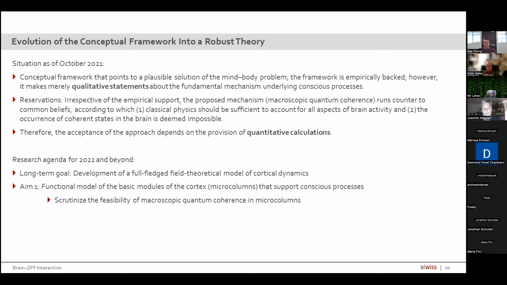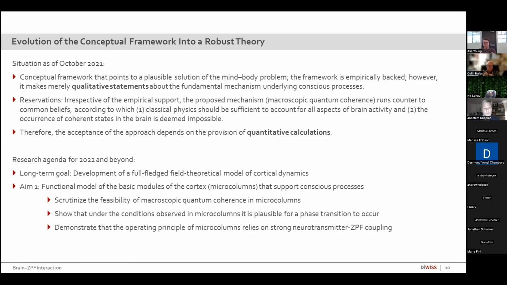And in detail, this now means the goal is to scrutinize the feasibility of macroscopic quantum coherence in microcolumns, to show that under the conditions observed in the brain, the conditions observed in the microcolumns, it is really plausible for a phase transition to occur, to demonstrate that the operating principle of these elementary building blocks of the cortex, of these microcolumns, relies on the strong coupling regime, namely on the strong coupling between the neurotransmitters and the zero-point field, and to lend credence, to lend support to the notion that the brain is specifically designed to modulate the zero-point field.